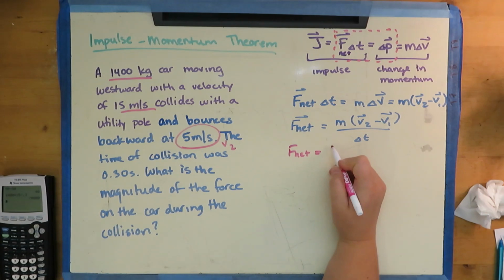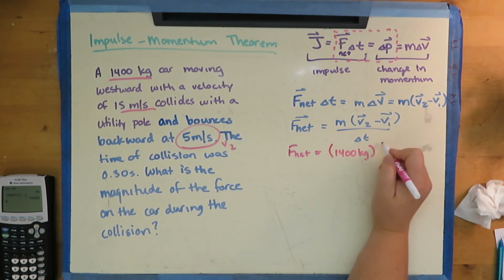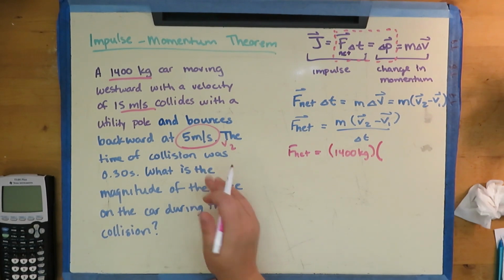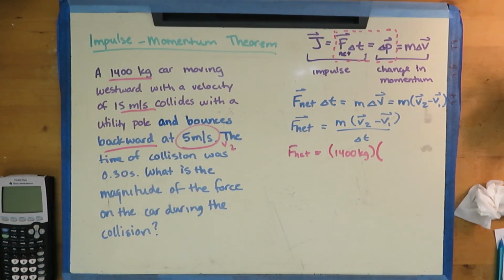Well, my mass is still 1,400 kilograms, that hasn't changed. Now, my ending velocity is 5 meters per second in speed, but what's the direction? Well, it bounced backwards. So that means instead of going west, it's going east. Well, I don't want to write west and east in this equation.